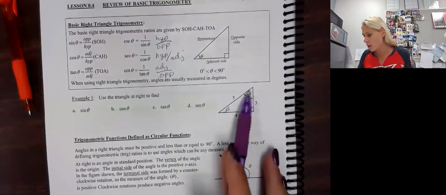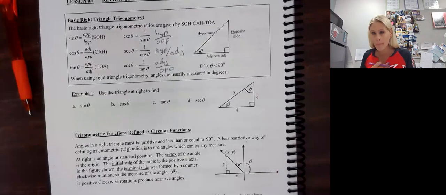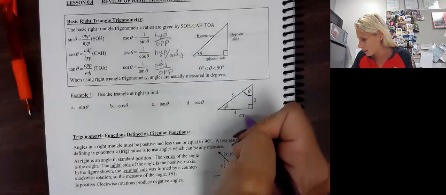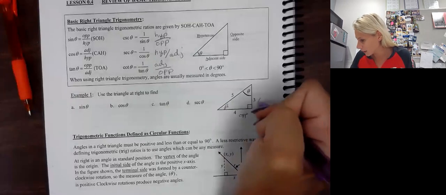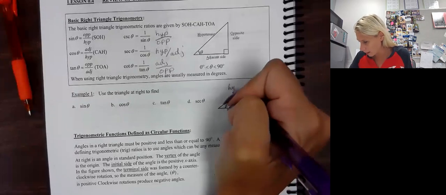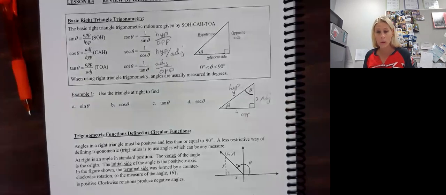But since it's theta, we have to do it from this angle. Now, I might right away go, okay, that 4 is opposite, that 3 is adjacent, and that 5 is the hypotenuse. Because now I can automatically put it in the ratios.